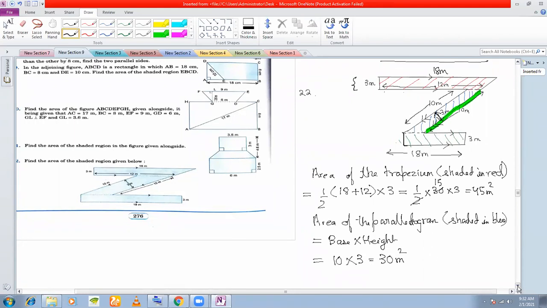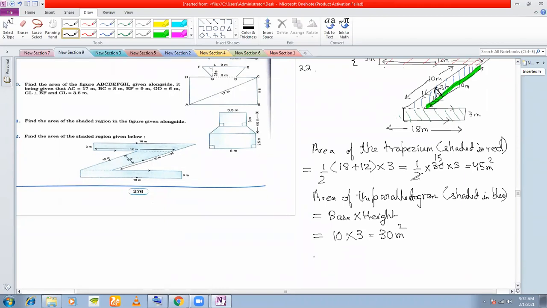Now we shall find out the area of the trapezium at the bottom, shaded in green. So it's a rectangle. No, it is a parallelogram. How do you know it is a parallelogram? Fine, I'll come to that question.